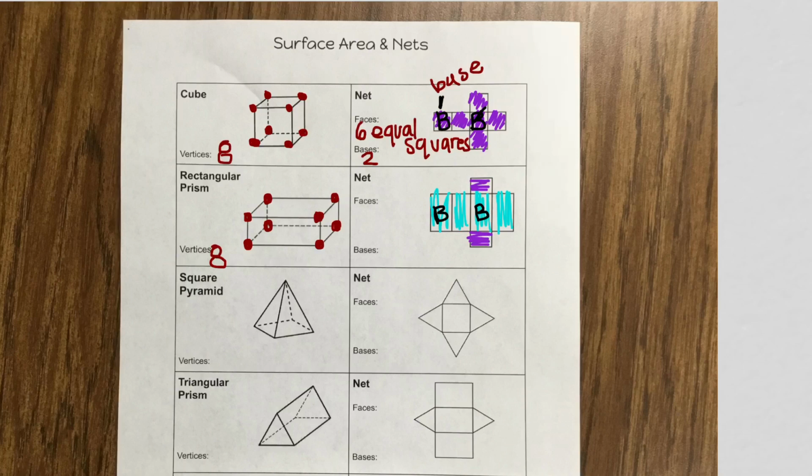All right, now my faces. I have 6 faces, but I have 4 rectangles. Four equal rectangles, and then I have 2 rectangles.